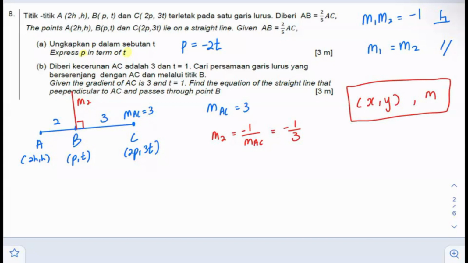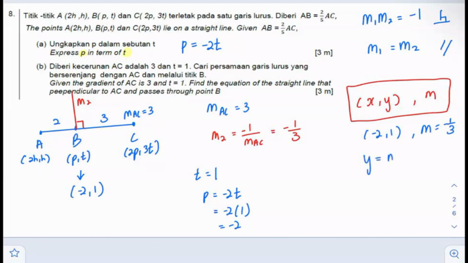With T equal to 1, we know P equals -2T, which is -2 multiplied with 1, and we get -2. So we can rewrite point B as (-2, 1). So we have the key components: (-2, 1), and m is -1/3.